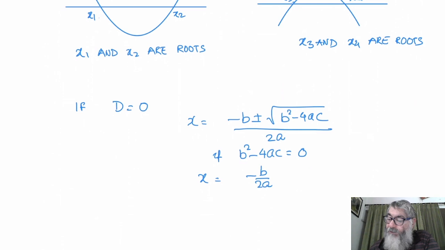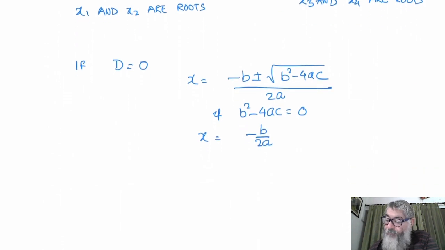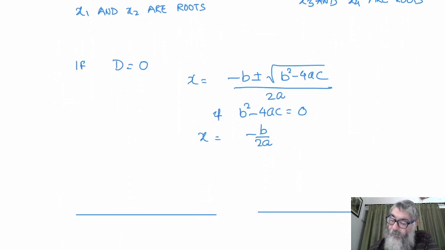So what will happen is, if a is positive, a is greater than 0, then it is opening upward and it is touching the x-axis at x1.